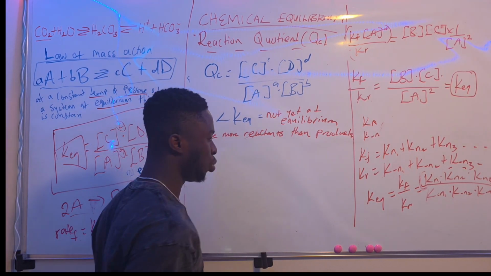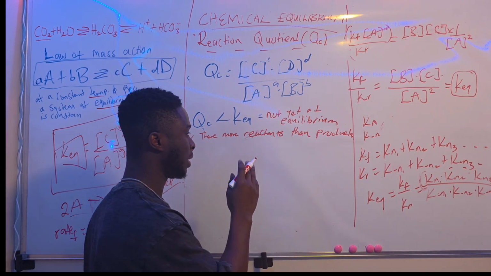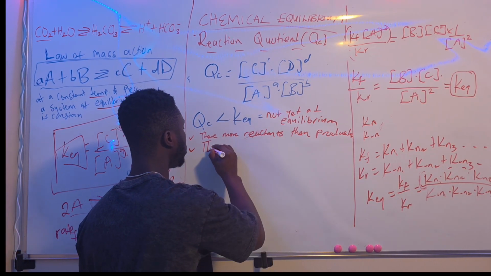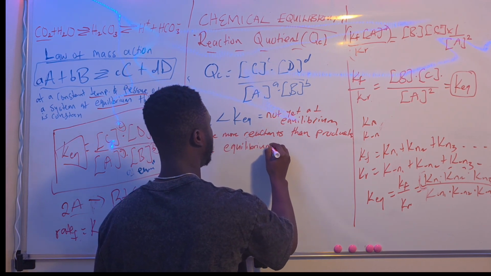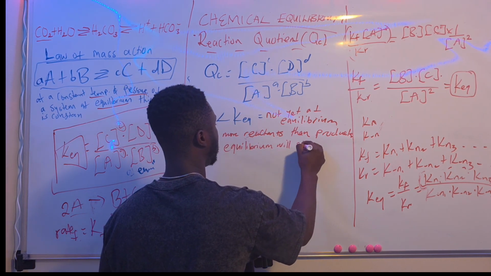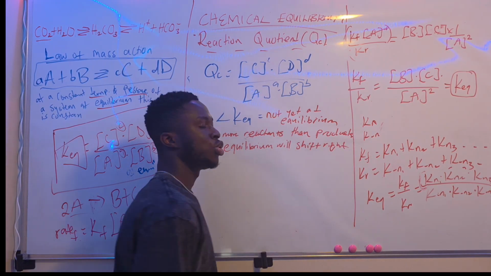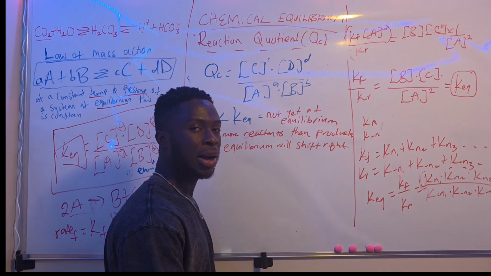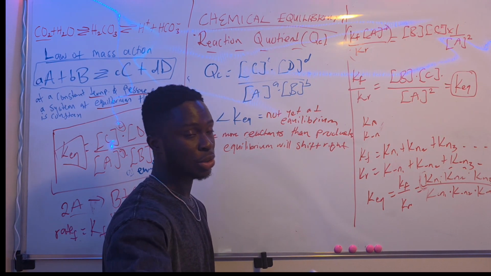That is one. The second is that the equilibrium will shift right. Why would the equilibrium shift right? So that the reaction would favor the forward reaction, so that more product is going to form.